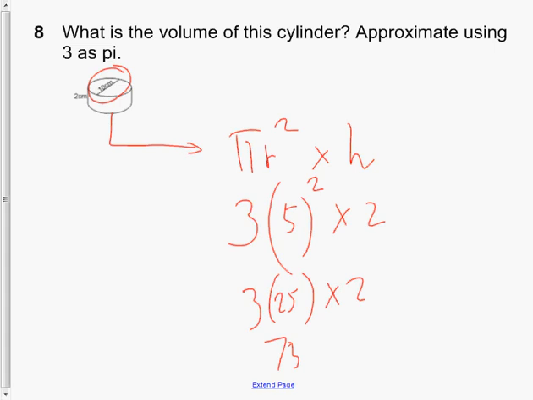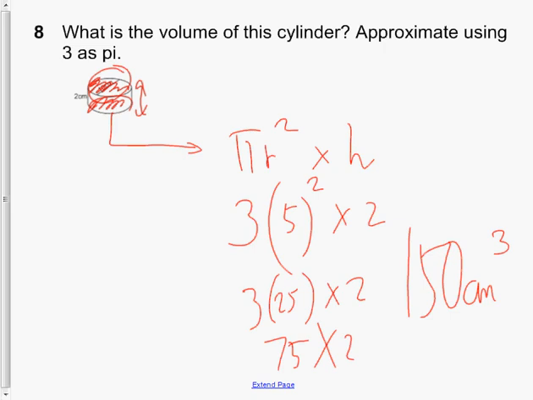So the area of that circle, right here, is 75, which means the bottom circle, or the base, is also 75. I'm going to then multiply it by the height of the prism, which is 2. And I learned that the volume, or the capacity of that particular cylinder, is 150 cubic centimeters of space. Okay?